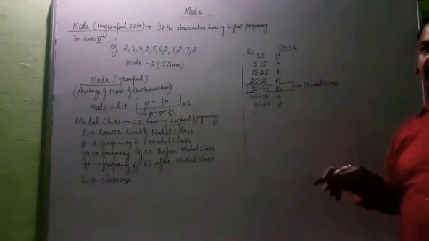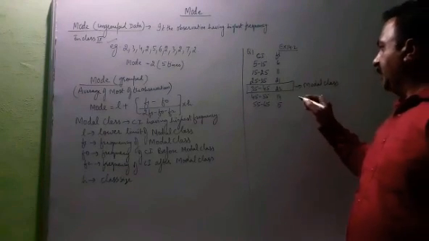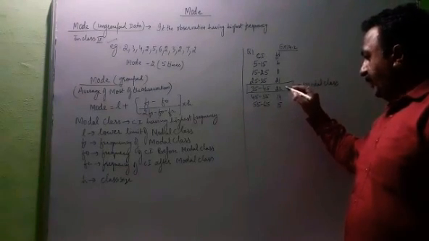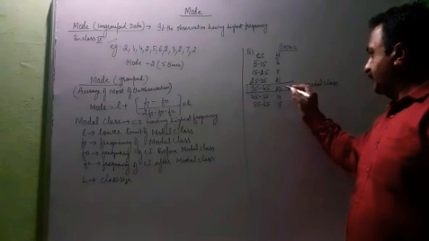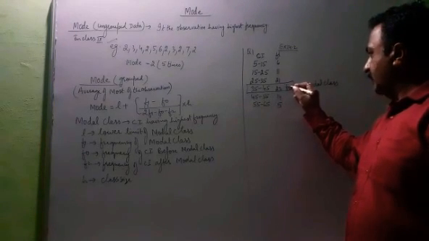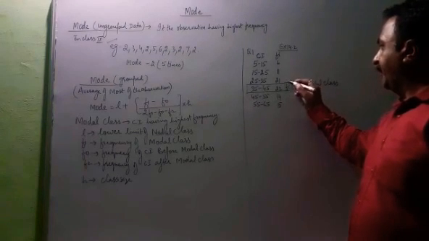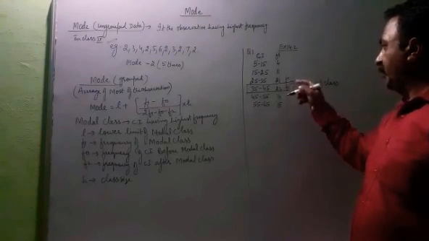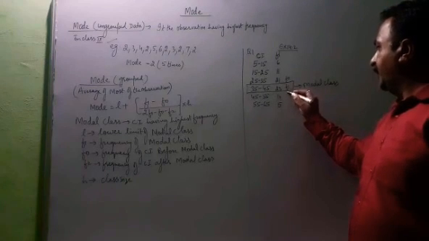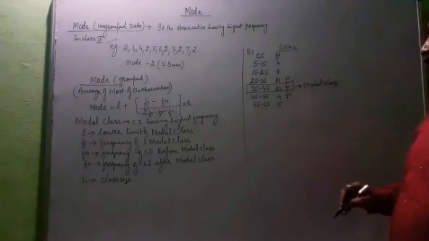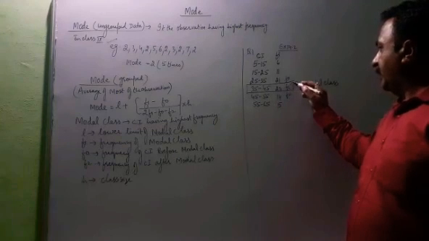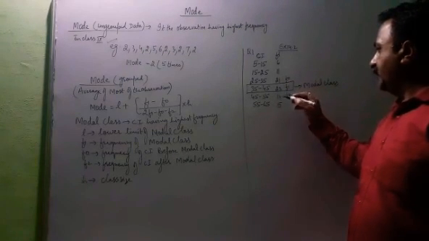If you select the wrong modal class, your answer will be wrong. The frequency of the selected class interval is known as F1. Just above F1 it is F0, and below F1 it is F2. So F1 is 23, F0 is 21 and F2 is 14.